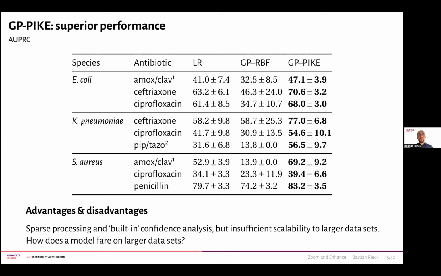The logistic regression has access to a binned version of the spectrum, so a lot more data, whereas the Gaussian process classifier only gets about 200 peaks that we extracted and provided in a sparse fashion. And to our very nice surprise, this performed extremely well, at least in comparison to the logistic regression baseline.